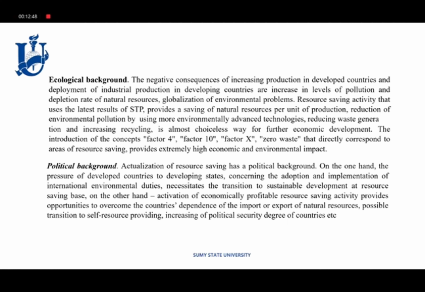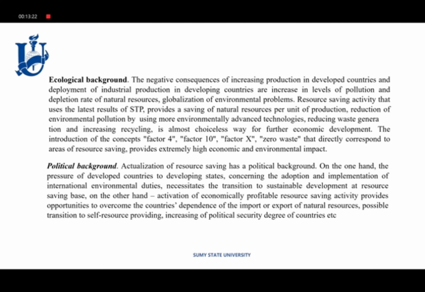Resource-saving activities that use the latest results of STP provide a saving of natural resources per unit of production. Reduction of environmental pollution by using more environmentally advanced technologies, reducing waste generation and increasing recycling is almost the only choice for further economic development.